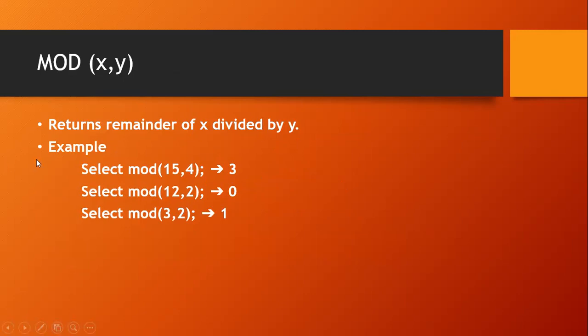It will divide 15 by 4 and return the remainder as 3. Select mod of 12, comma 2. Dividing the number 12 by 2, you will get the remainder as 0. Select mod 3, comma 2. Dividing the number 3 by 2, it returns the remainder as 1.